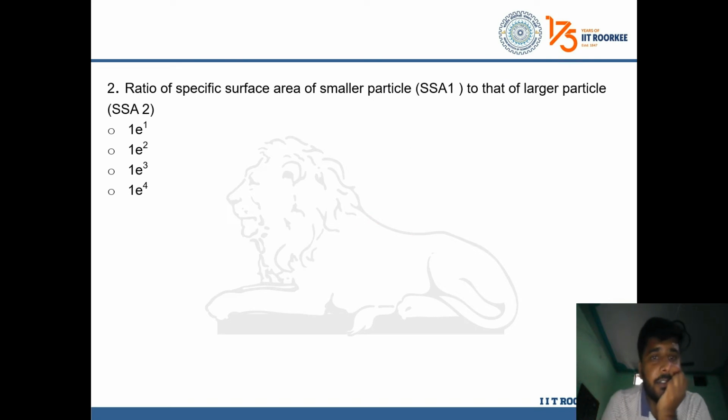And the ratio of specific surface area, that is the area per mass, so a1 by m1 multiplied by m2 by a2.